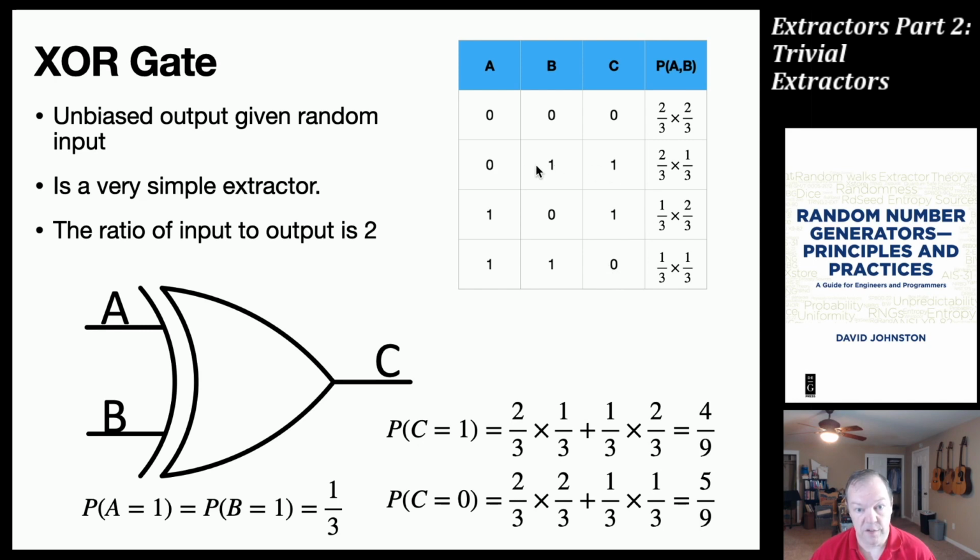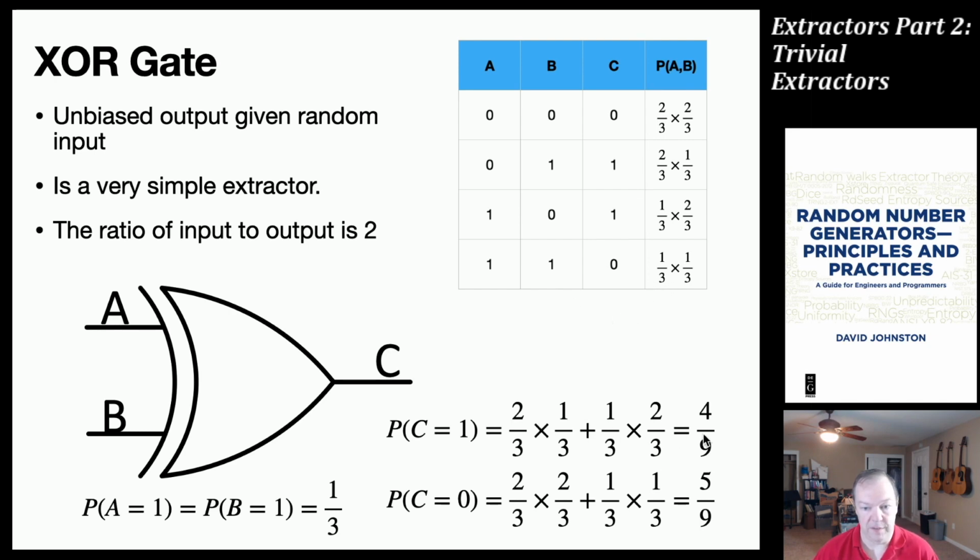And similarly for the 01 and 10 case, that gives us a 1, we get 2/3 times 1/3 and 1/3 times 2/3, which are the probabilities of getting those bits on the inputs. And to compute the probability of getting a 1 on the output, we add up these two values, because those are the two values that lead to us getting a 1 on the output. And to compute the probability of getting a 0 on the output, we add up this value and this value.